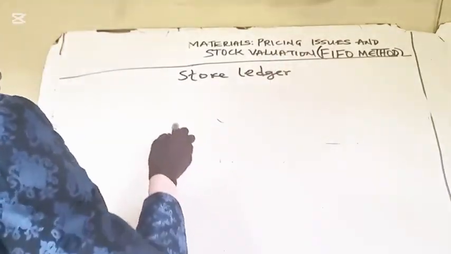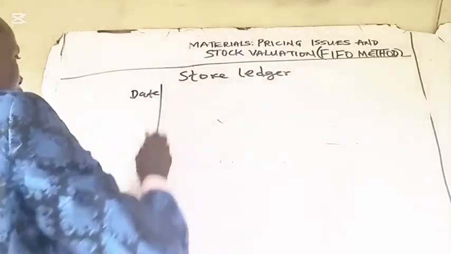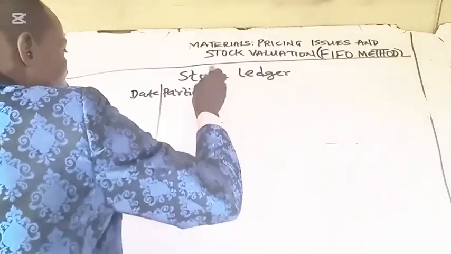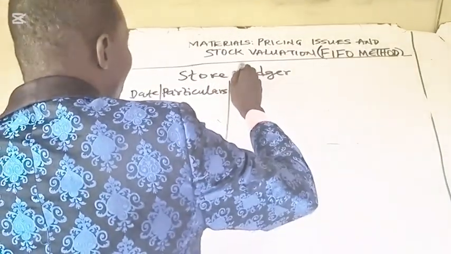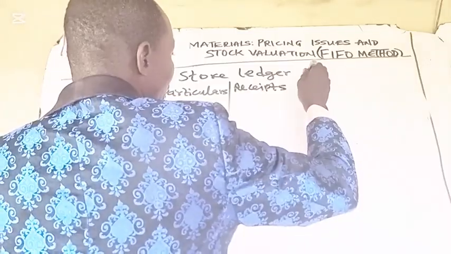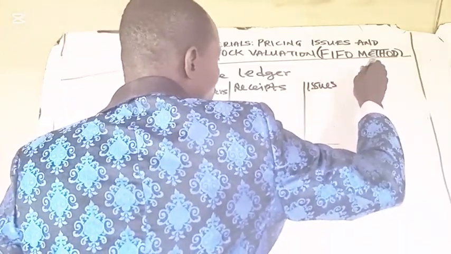So your store ledger will contain a column for date, another column for particulars or details. Then after this, you have another column for receipts, then another one for issues, another one for balance.